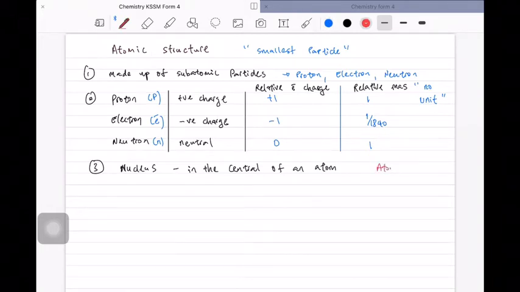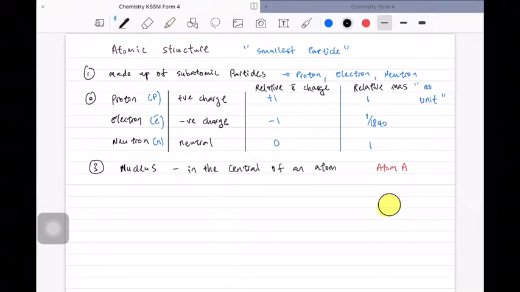Let's say we have an atom, okay, and just for an example, we have a nucleus in the central of an atom. Let's say for example this is a nucleus. This is the nucleus of an atom. Okay, and it is located in the center of atom.